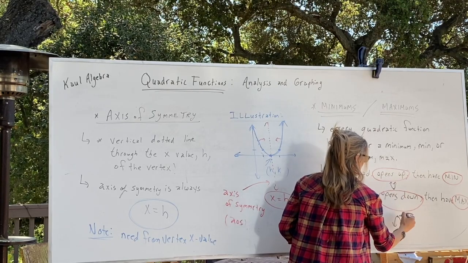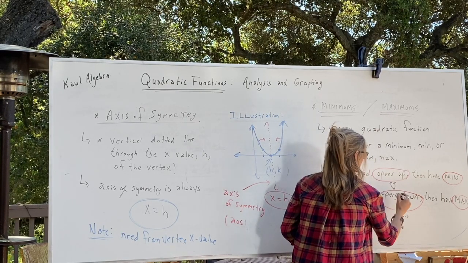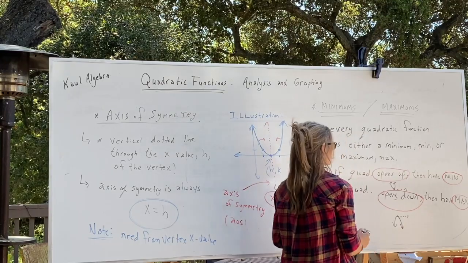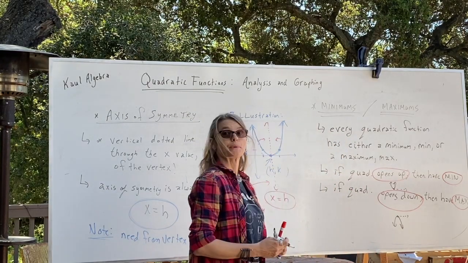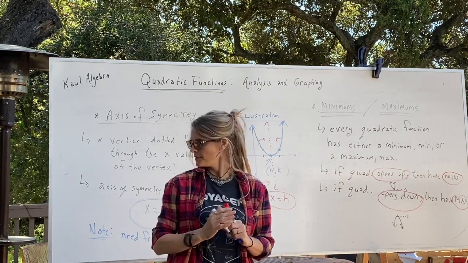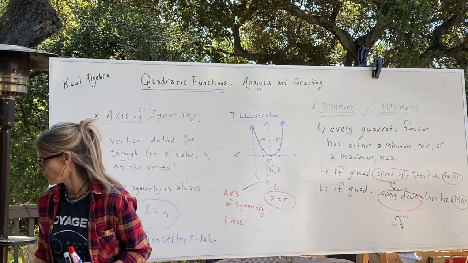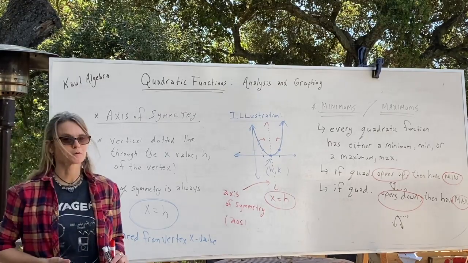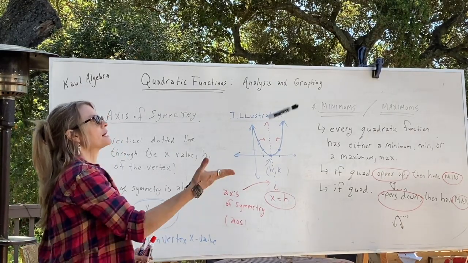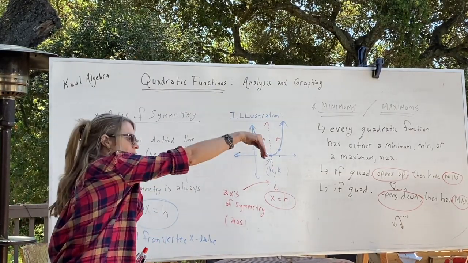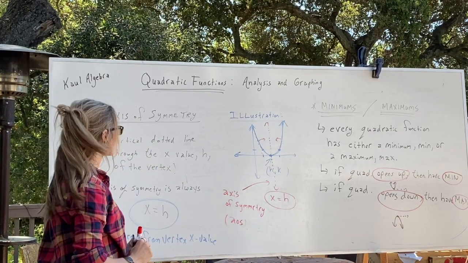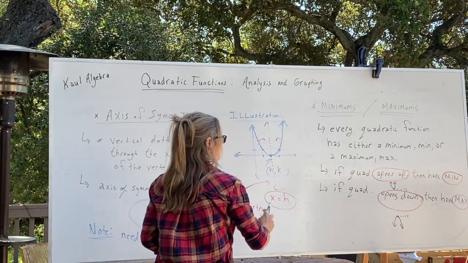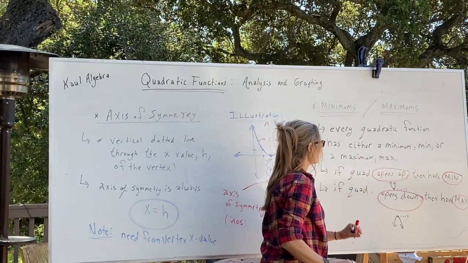And this would be your maximum value. It would be like the highest peak of a mountain. If you throw a ball up in the air, or I'll throw this marker so I don't use it again. I throw this up, it goes up, reaches a peak and comes back down. That's your maximum. Okay, so you can either have it open up or down.